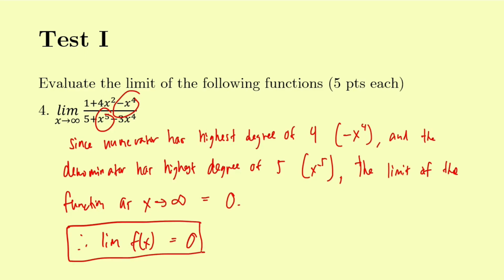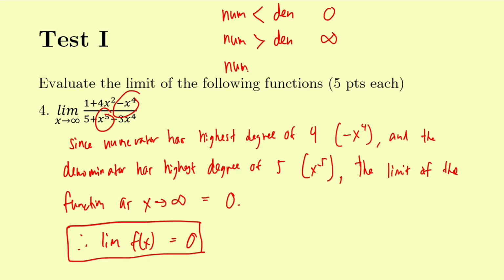Now we have discussed that before. If the numerator has a lower degree than the denominator, that means 0. If the numerator is higher than the denominator, the answer is infinity.